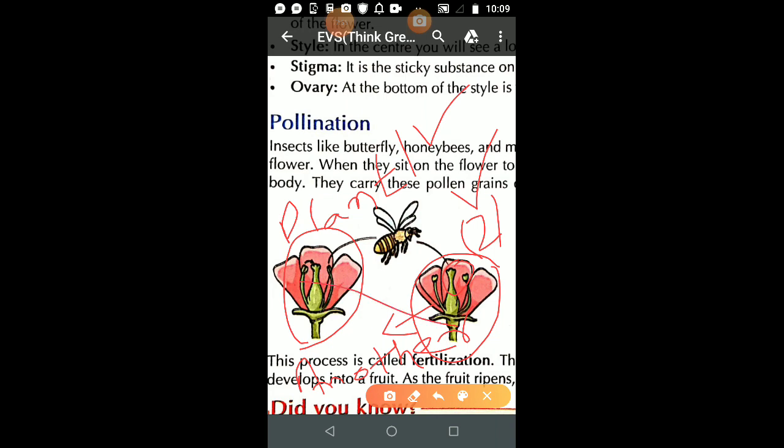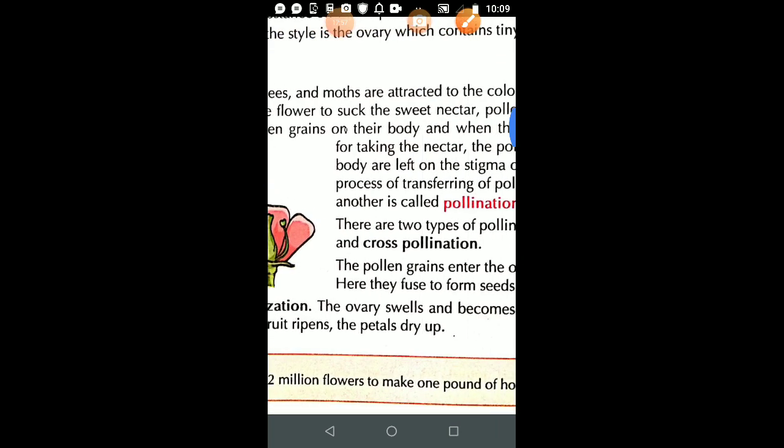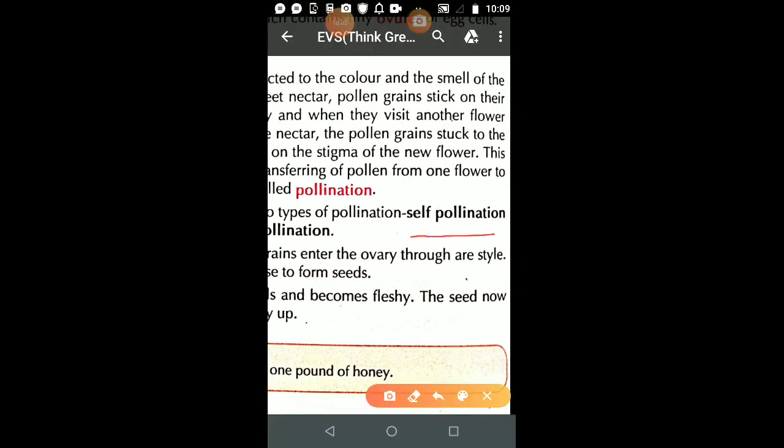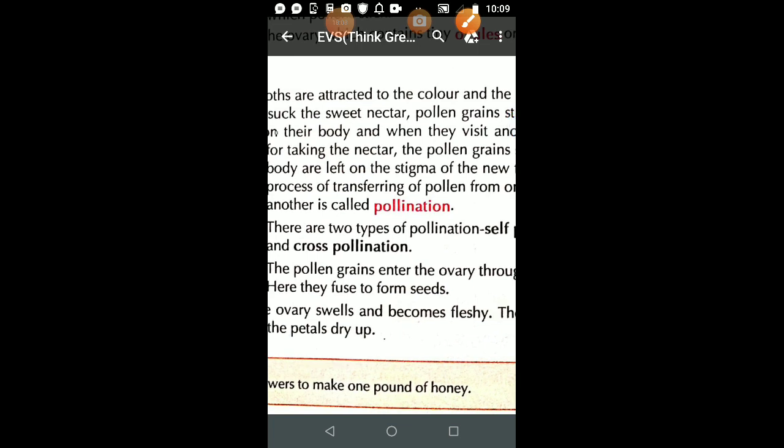One is self pollination and another is cross pollination. Is it clear?